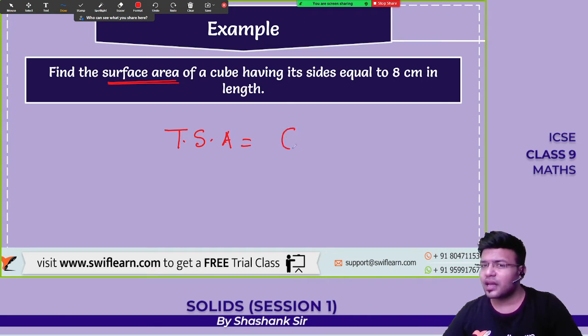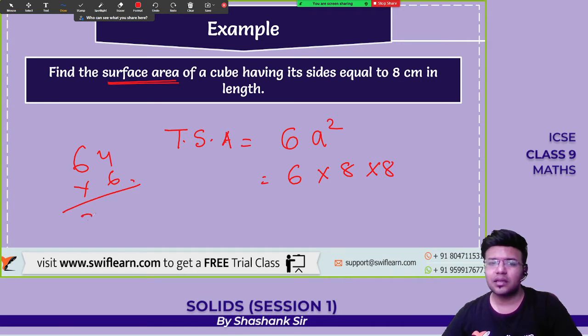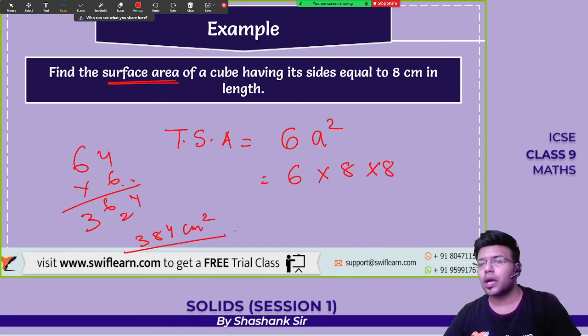Total surface area is given by 6a square, and each side is 8. So 8 8s are 64, and 64 times 6: 6 4s are 24, 6 6s are 36, and then we get 384 centimeter square. This is the total surface area.